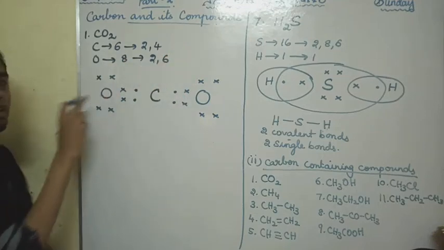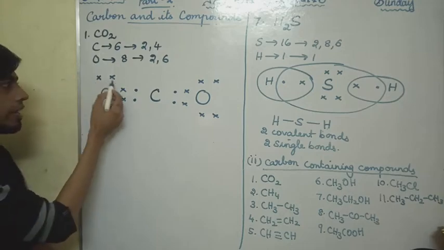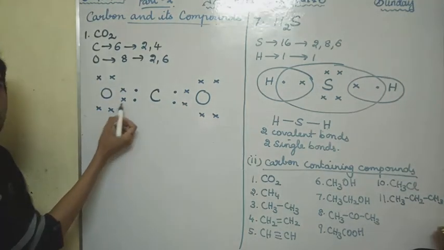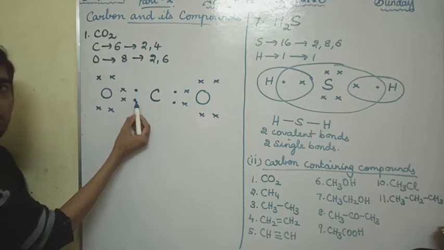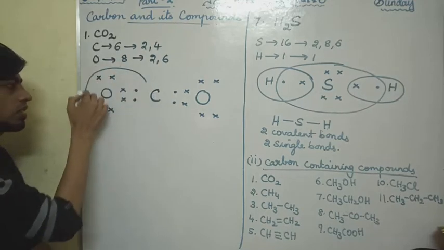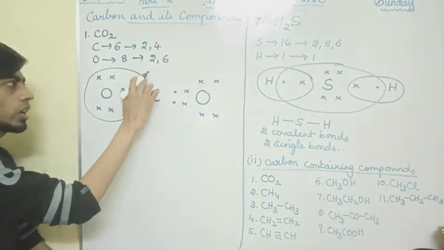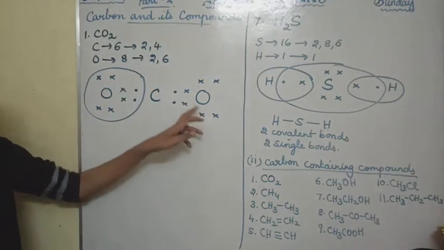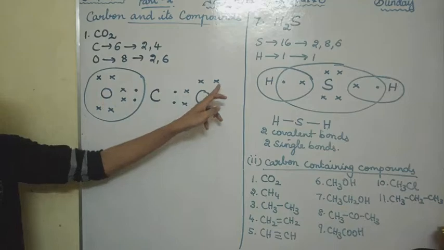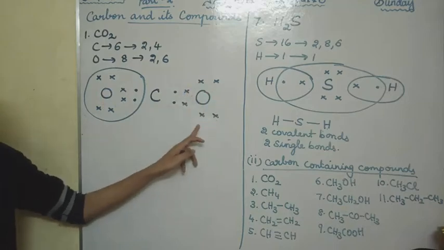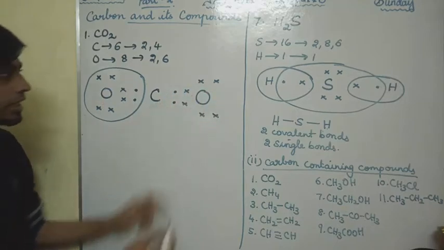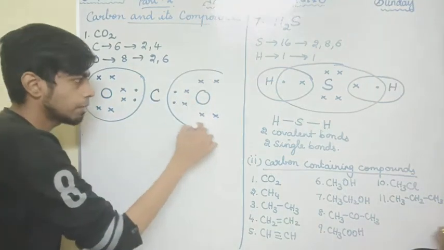So first we will circle for oxygen. Already we have drawn 6 electrons. 7th and 8th electron it will share from carbon. So you have to circle 8 dots for oxygen. So similarly this oxygen, already 6 dots we have kept. 7th and 8th electron it will share from carbon.